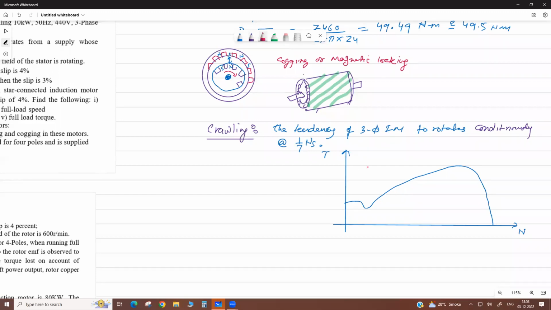Here is your synchronous speed, where n equals synchronous speed, and here n is 0.